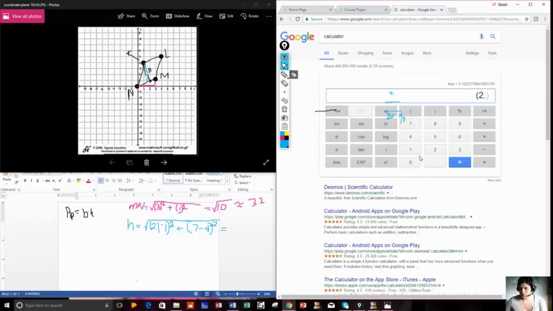So 2.1 minus 1, and again this is finding our horizontal distance. So that is 1.2 squared, plus 0.7 minus 4.